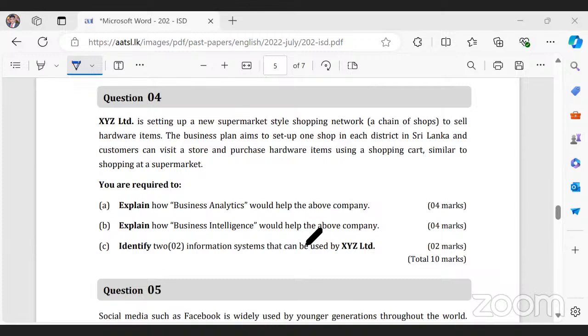Explain how business intelligence would help the above company. BI, business intelligence, means understanding or retrieving valuable things from data. At a glance, we can't understand anything; we can understand only very simple things, the surface idea.